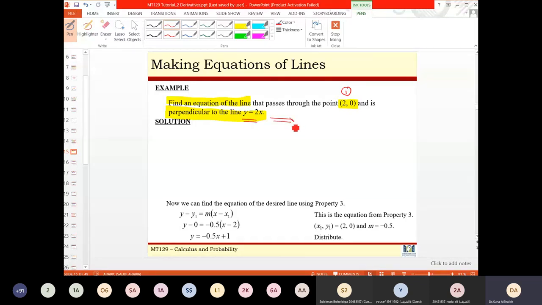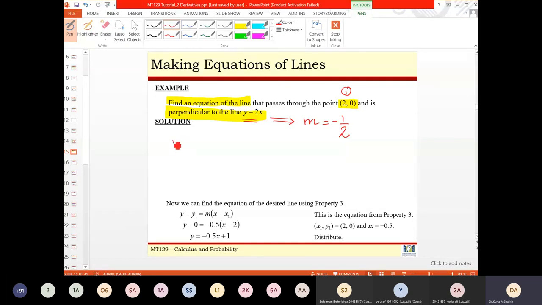So knowing my line is perpendicular to this line, what does this mean? What's my slope? My line is perpendicular to this one, so my slope is -1 over 2. No, if parallel, Khadija, it's going to be the same. But perpendicular now. So since perpendicular, it's minus 1 over 2.